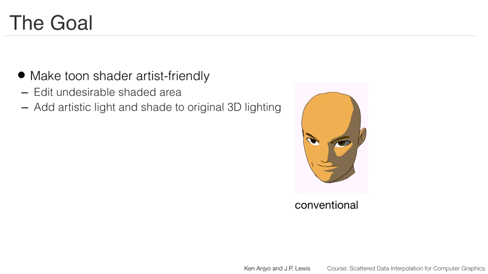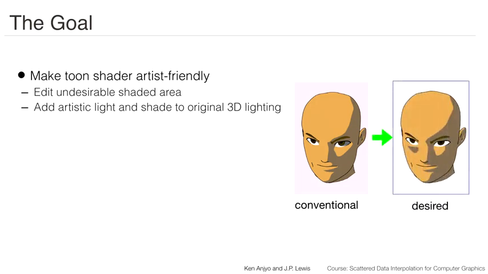The second purpose is a bit more 3D oriented, but the first one could be a painting effect or such artistic side. We want to combine these two somewhat contradictory demands. For example, from the conventional result on the left, we want to make the new result through new techniques.